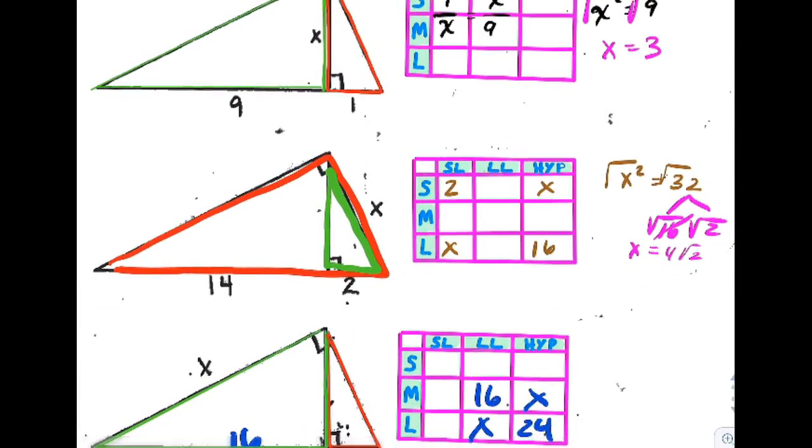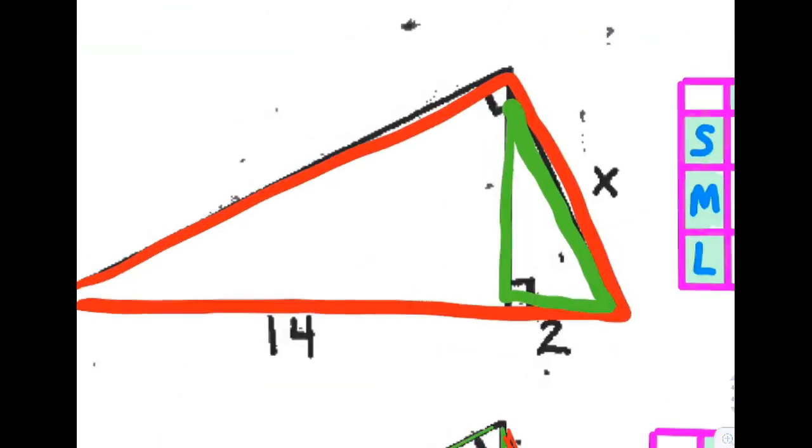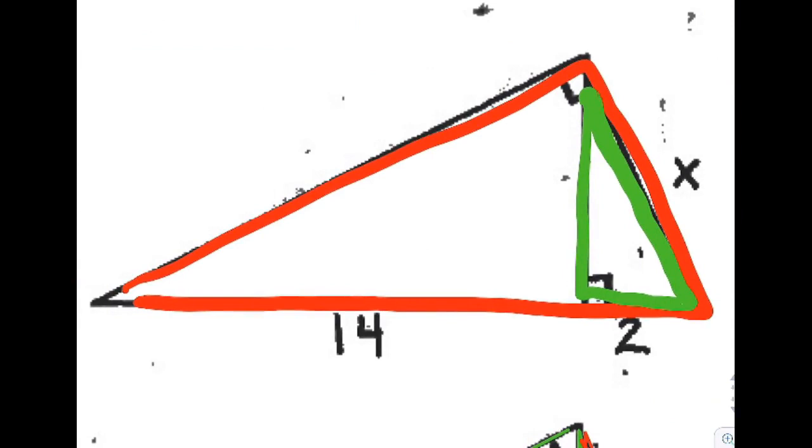Number 6, the answer's already here because one or two of the classes did this one. I'm not sure all 3 did it, but number 6 has a small and a large. So the short leg of the small is 2. The hypotenuse of the small is x.